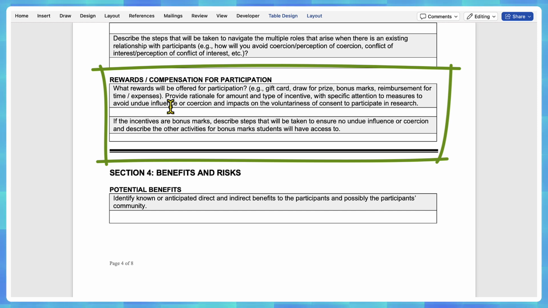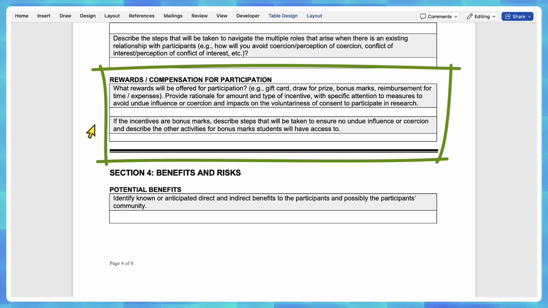And particularly if the incentive is bonus marks, as it would be in class research being done in a residential degree program or another post-secondary setting. In that particular case, if students are offered a 1% bonus mark for participating in a study, we want to know that there are some other opportunities for those students to earn the same amount of bonus marks by doing another activity.